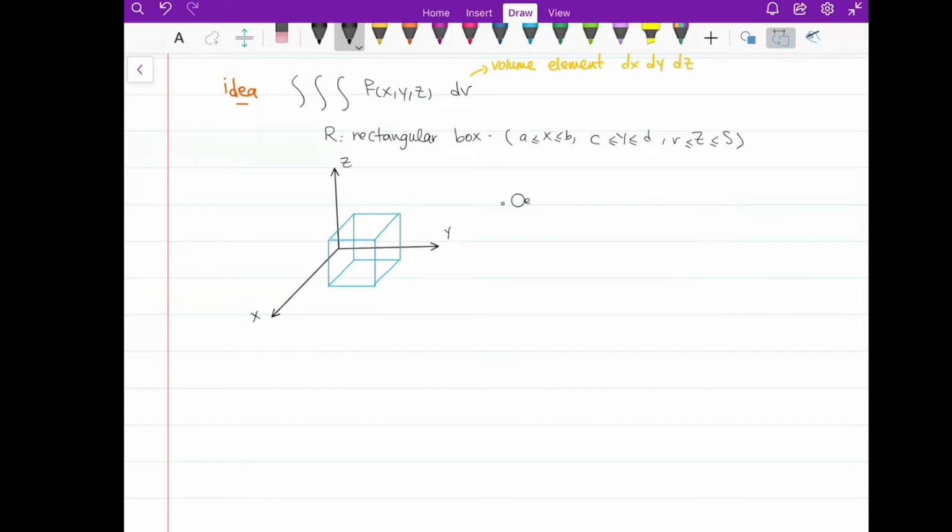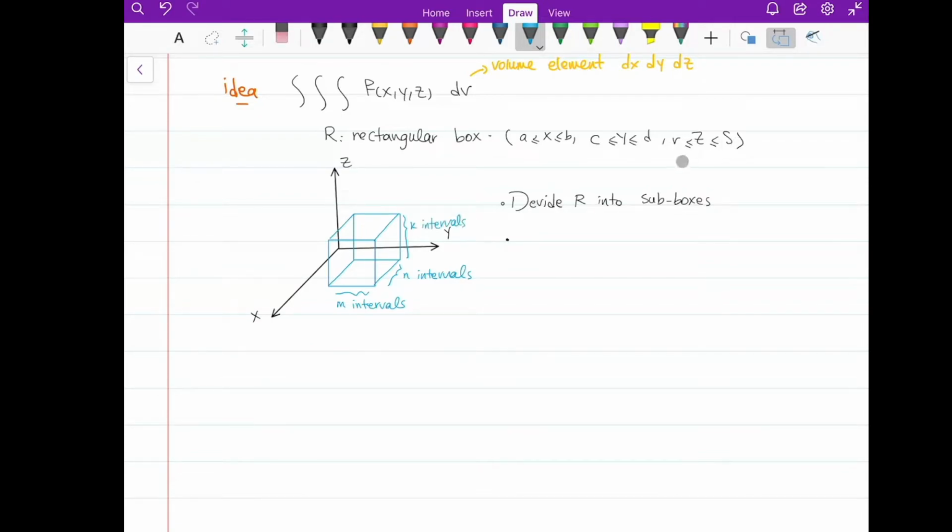So what I'm going to do, exactly like the idea that we have for the double integral, is divide the region R into sub boxes. We're going to divide the interval between a and b into, for example, n intervals, the interval between c and d into, for example, m intervals, and then the interval between r and s into k intervals.